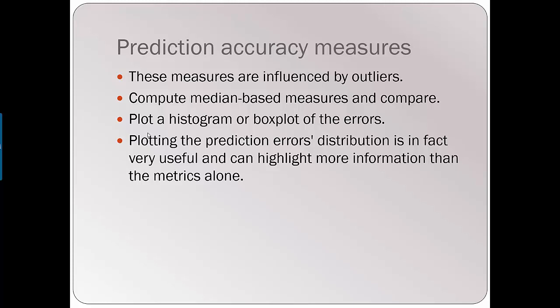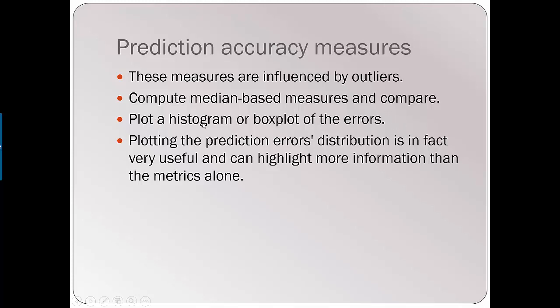But if the residuals show a pattern, then that means there is some more modeling opportunity left in the error. So we need to look for a different model, or different model parameters, tuning of models, and so on. So it is very important to plot the residuals or errors.